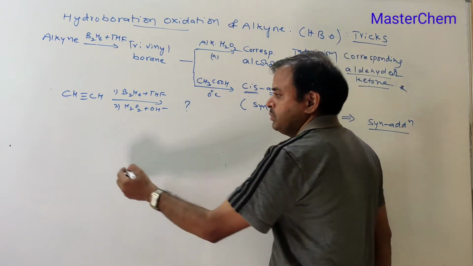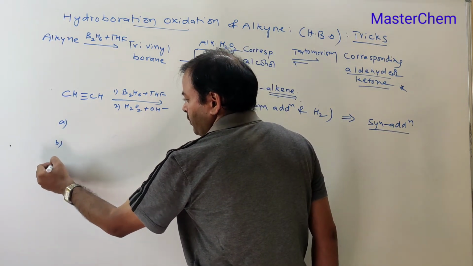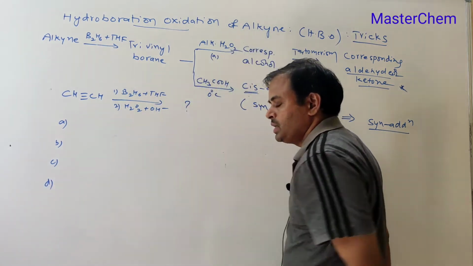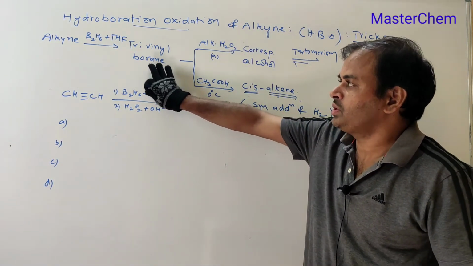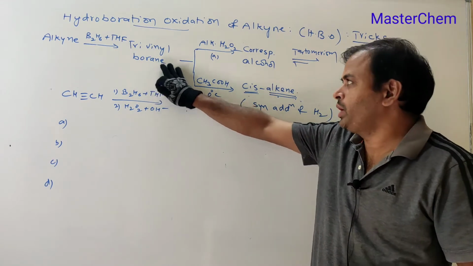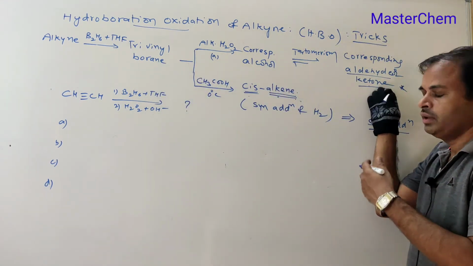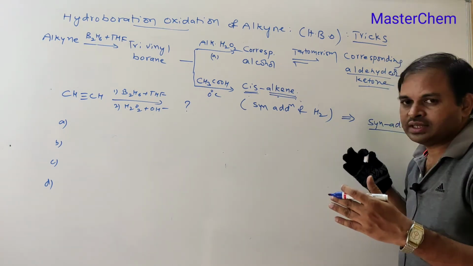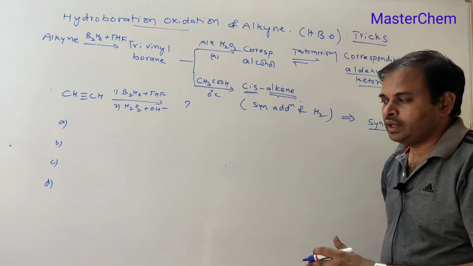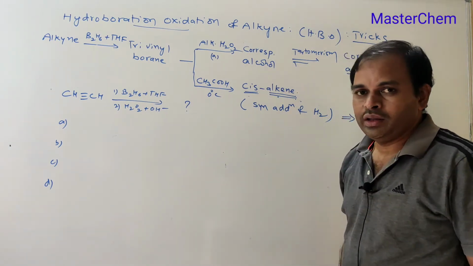What is the product? If in our examination the question is like this, actually what we have to do is first convert it into trivinyl borane, then alcohol, then to aldehyde or ketone. You should do this total exercise, but without doing it, you can directly write the product.